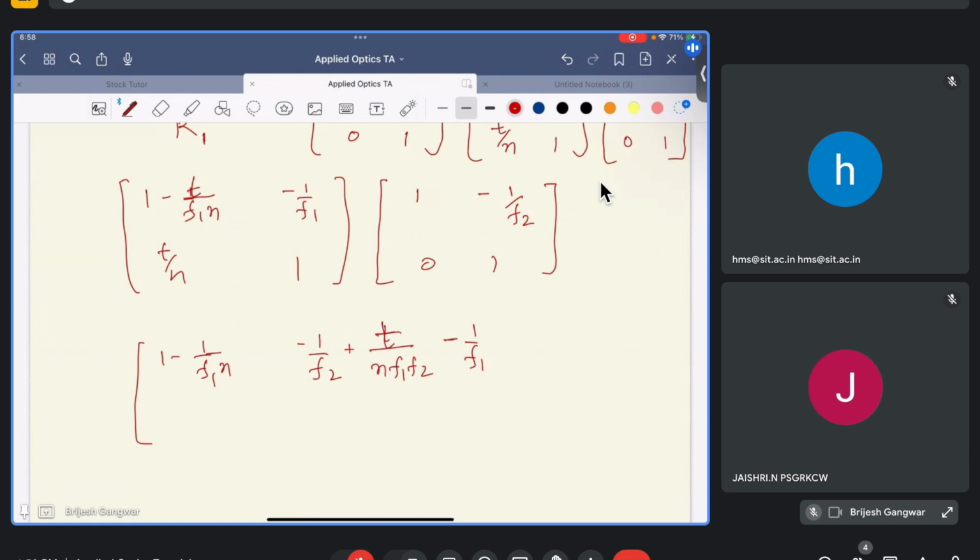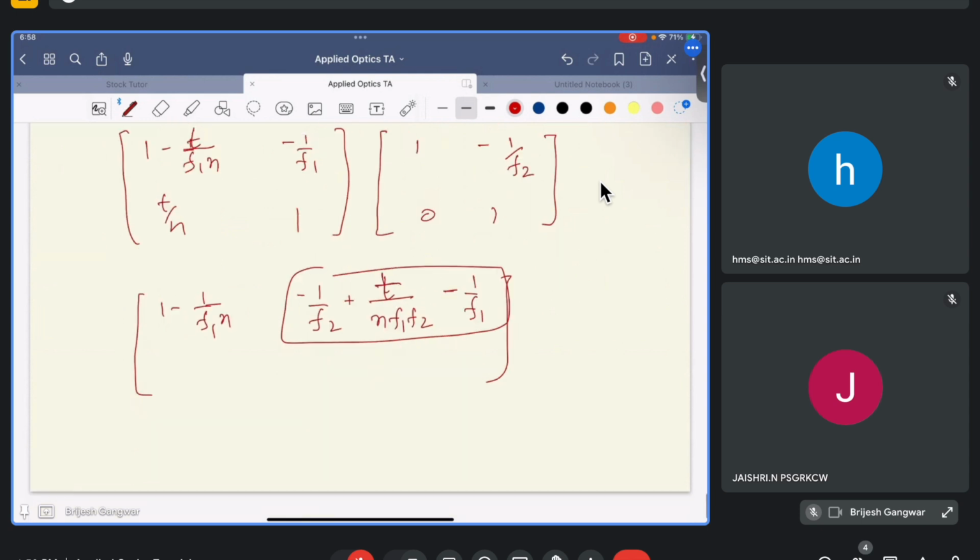And this is mainly our focal length term.